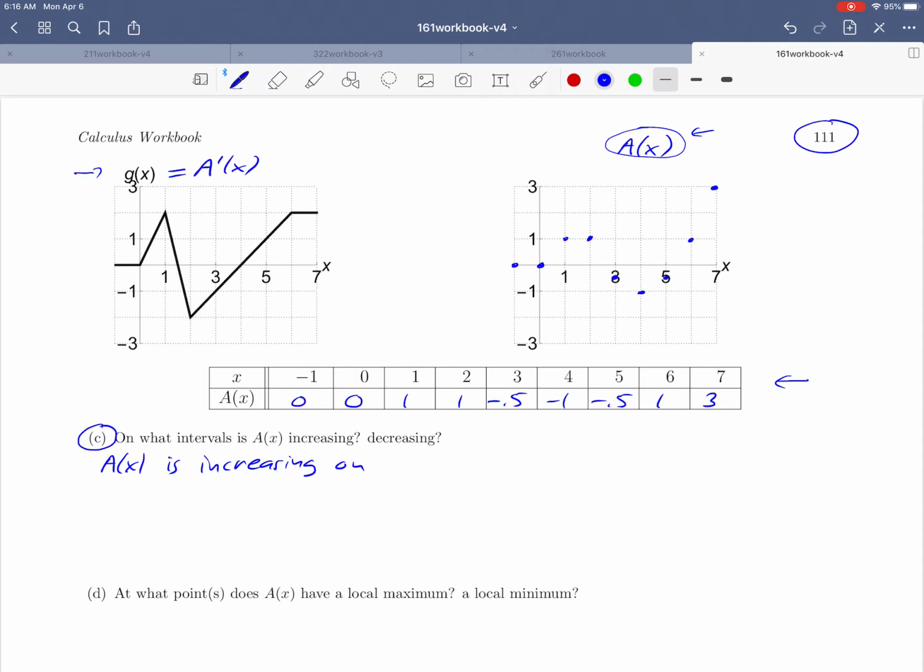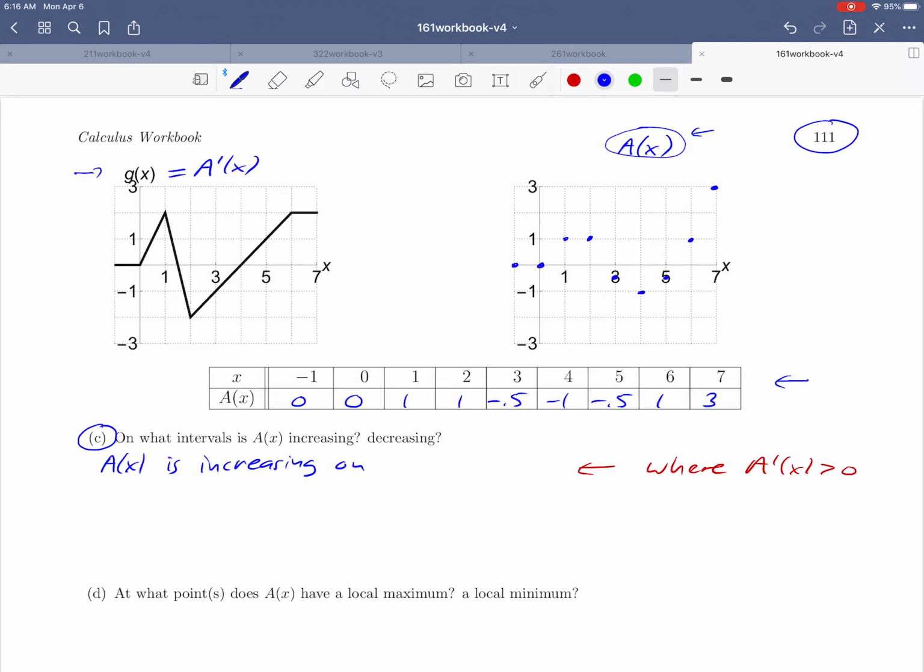So how do we tell how a function increases based on its derivative? The key, again, is remembering that a function increases where its derivative is positive. In other words, we're looking for where the derivative graph is above the x-axis.